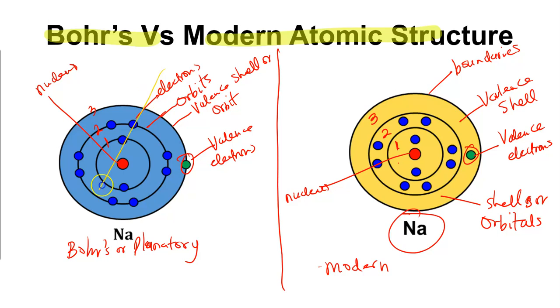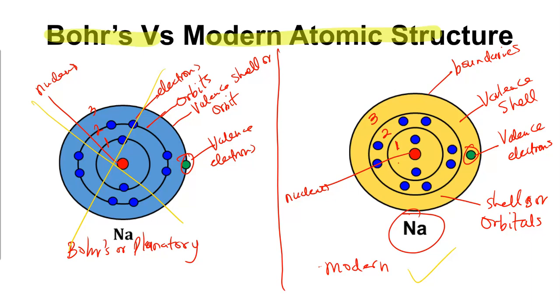I'm not going to use this a lot. I'm going to try to stick to saying that the atom looks this way and let you understand that these are actually not boundaries. Electrons are located in these shells, and these shells have boundaries, and these boundaries at times, to be honest, are not defined.